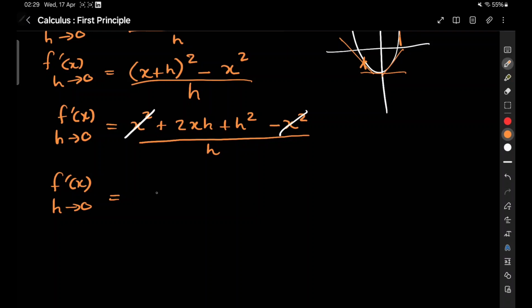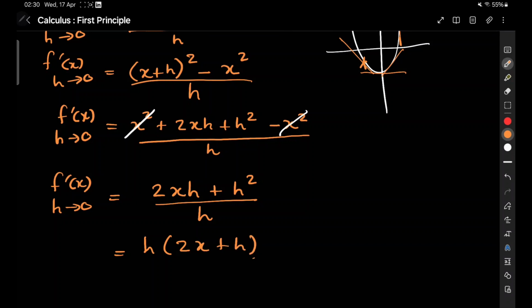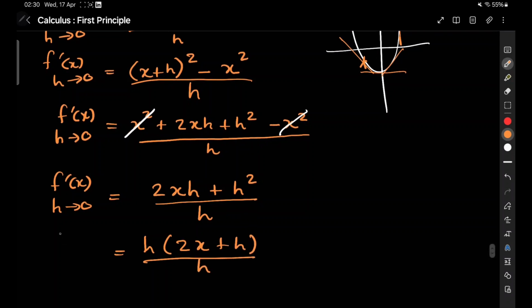To simplify this, we have 2xh plus h squared all over h. From the numerator, we do have a common factor of h. We're going to factorize that. Now we have h times 2x plus h, all over h.